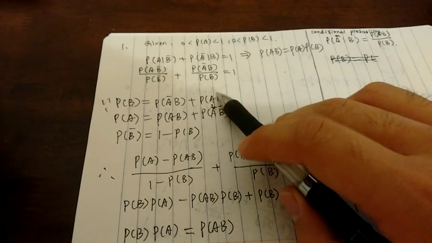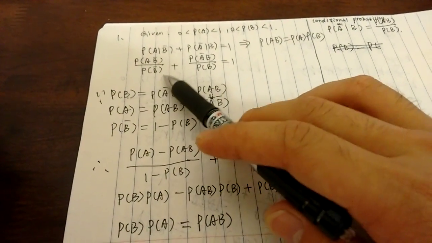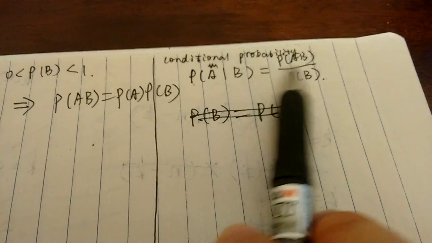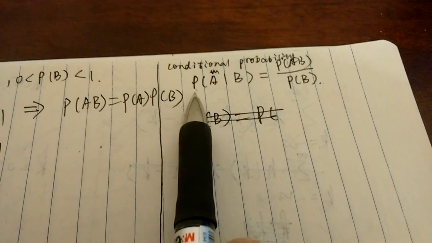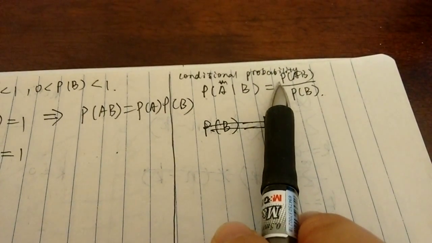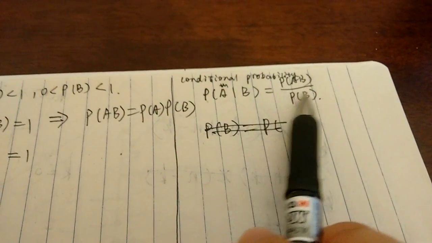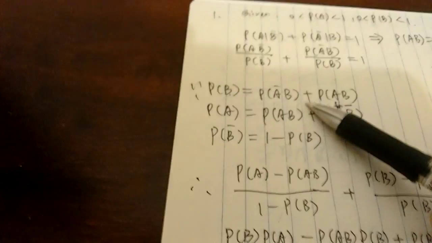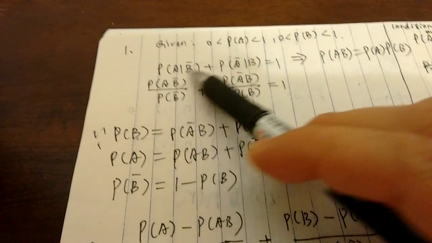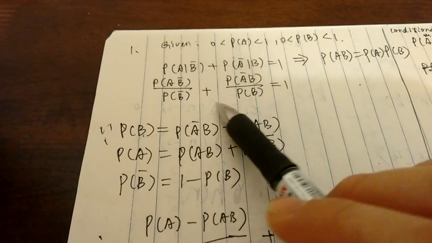So from the beginning, we know that the conditional probability equation is probability A given B equals probability AB divided by probability B. Using that, we could rewrite this equation like this.